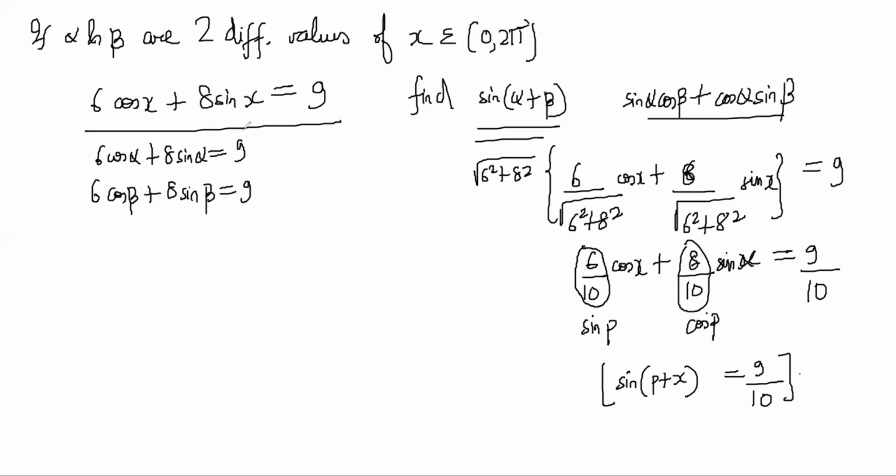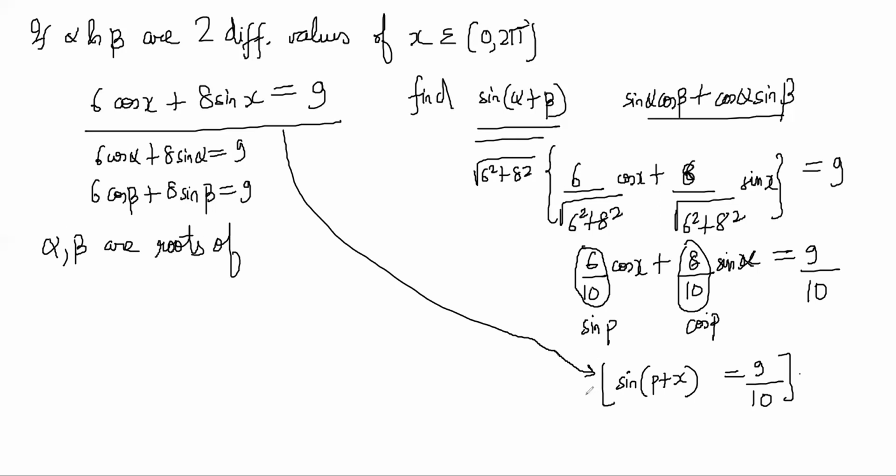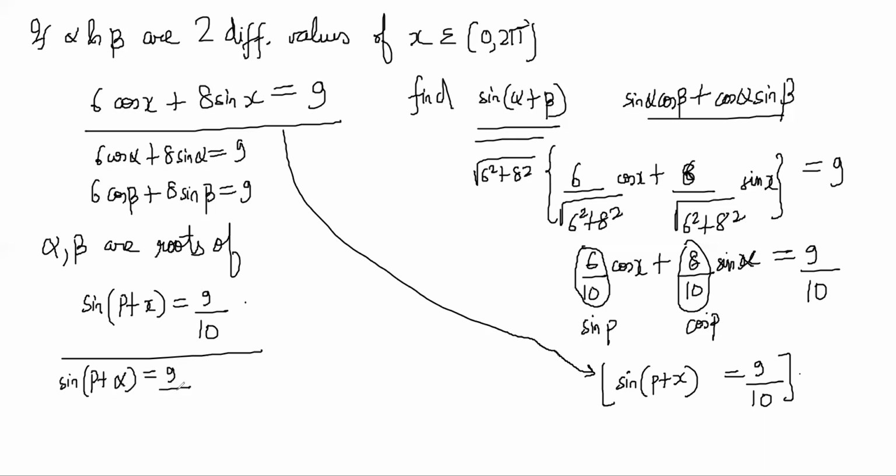The same equation has become this, so alpha and beta are still roots of this equation also. Sine of p plus x is equal to 9 by 10. So what we know is that sine of p plus alpha is equal to 9 by 10 and sine of p plus beta is equal to 9 by 10.